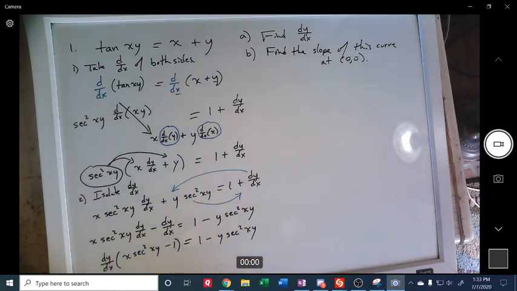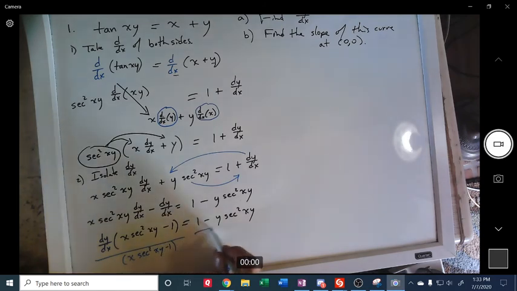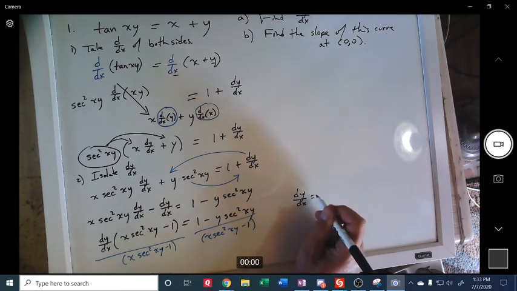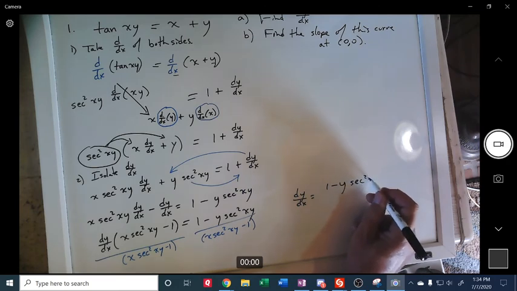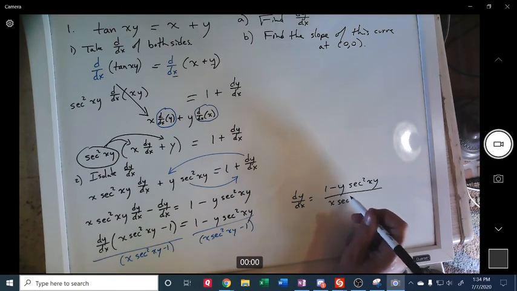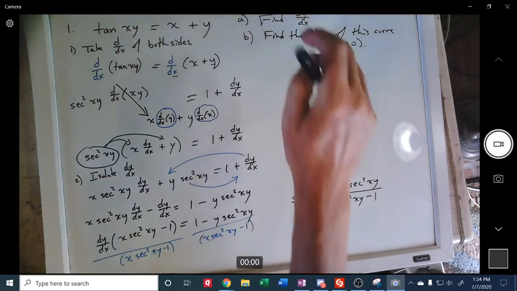And then my last thing, I divide both sides by what's in parentheses. And I'll get dy/dx is equal to 1 minus so on. So that's the answer for A.